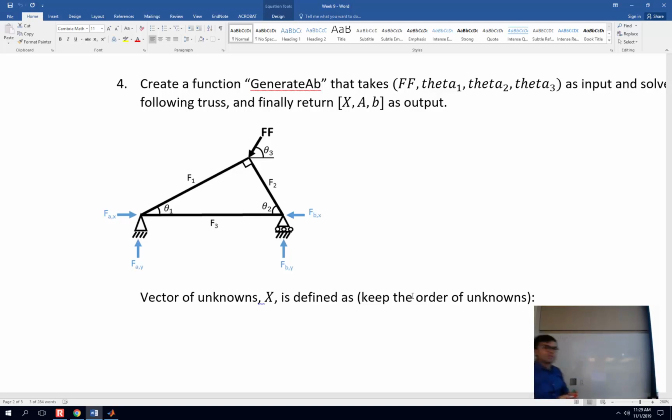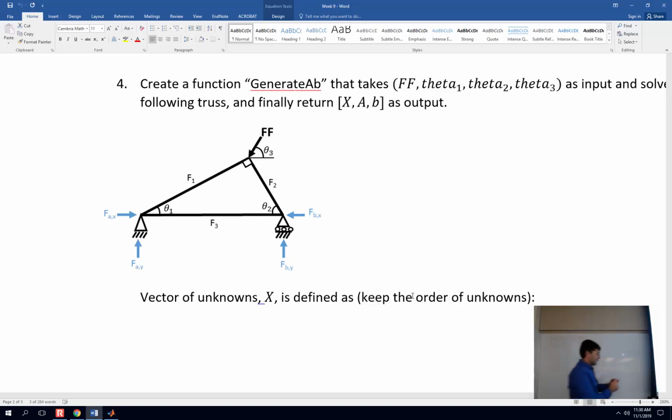Now let's talk about horizontal forces. Horizontal force here is equal to 0, right? It can slide. So Fbx is 0.